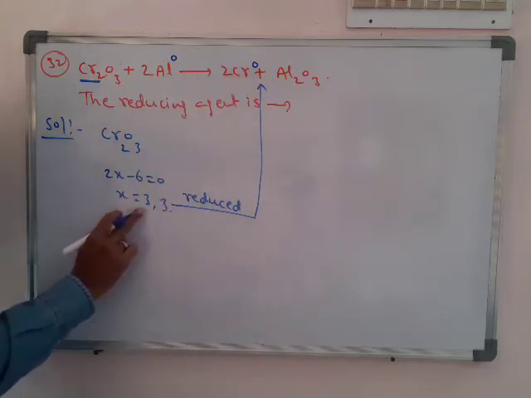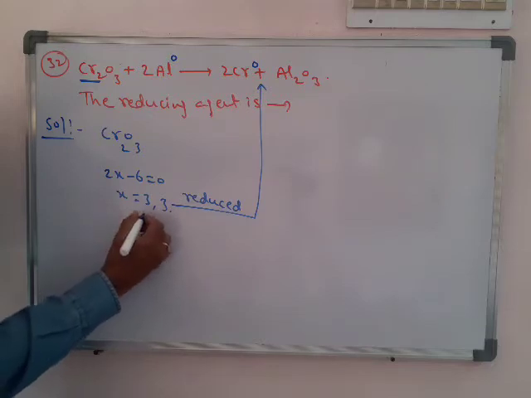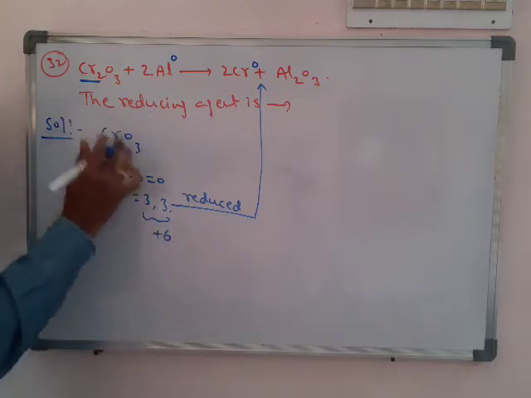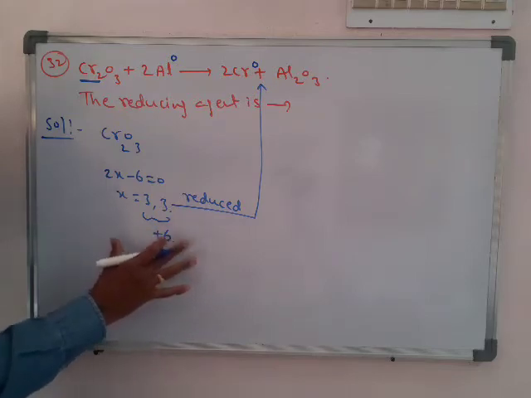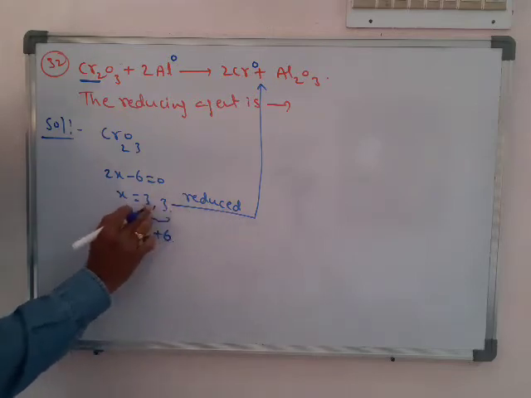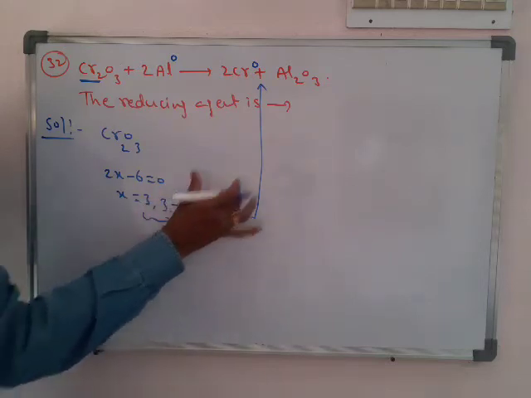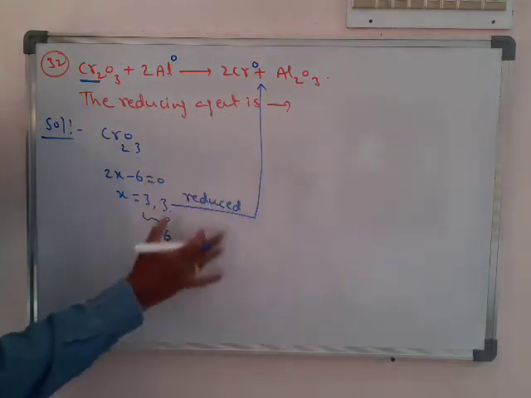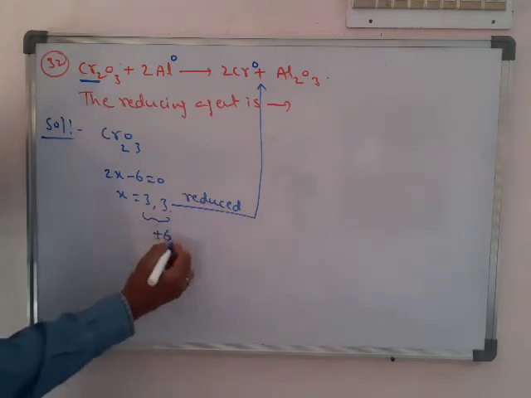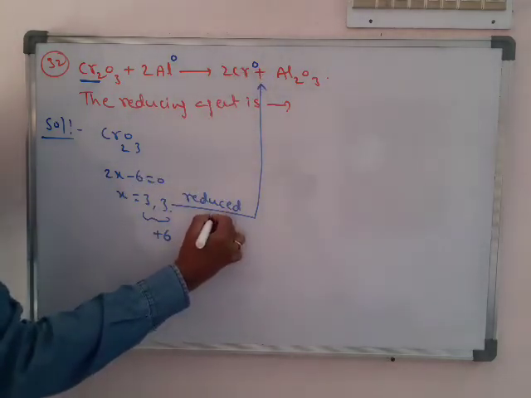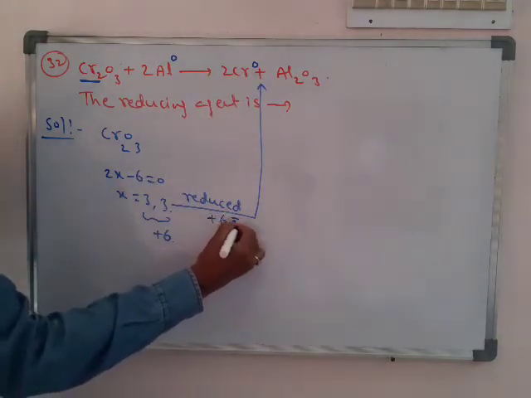The total charge of chromium is plus 6. We are discussing the electrons: plus 3 to 0 means it is reduced. The oxidation number decreased, so it is a reduction reaction. Plus 6 becomes 0, meaning the gaining of 6 electrons.